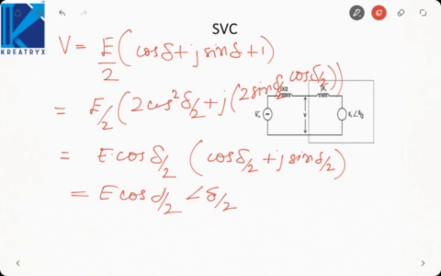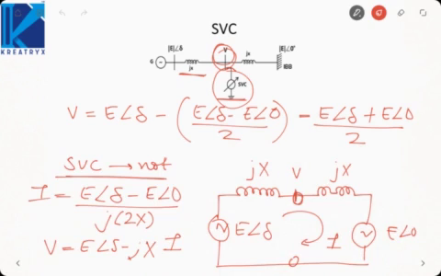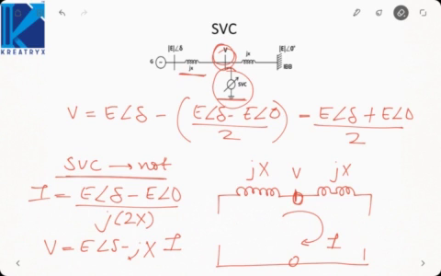Now to calculate the Thevenin equivalent completely, we need to find the Thevenin impedance. For that we will short circuit all the EMF sources. So we will short circuit these sources. Now if we calculate the equivalent reactance, jX and jX are in parallel.